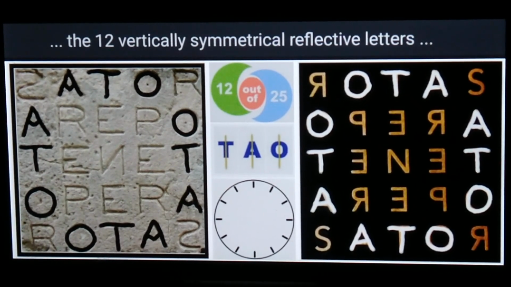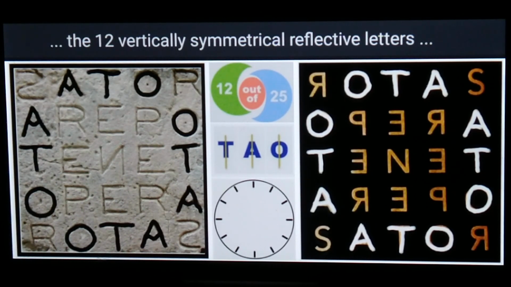The letters off to the left that are highlighted in black in a circle formation are vertically symmetrical reflective letters, meaning that if you put this entire square, the image off to the left, in a mirror, it's going to reflect something like what's on the right side, and the only letters that reflect the exact letter back to you are those letters, the different letters, T, A, and O. And they appear how many times?